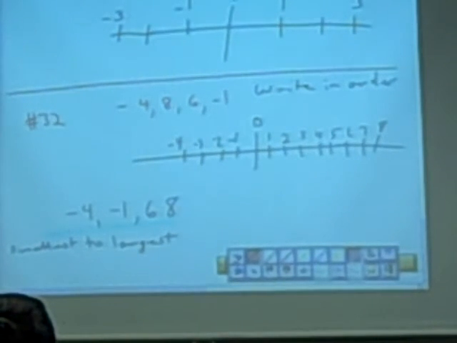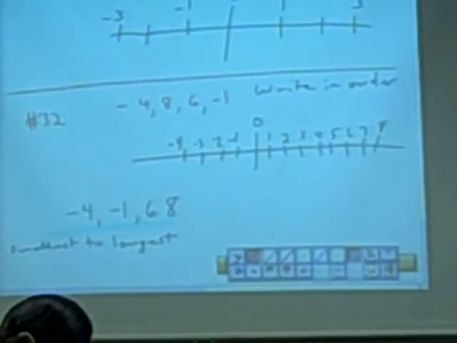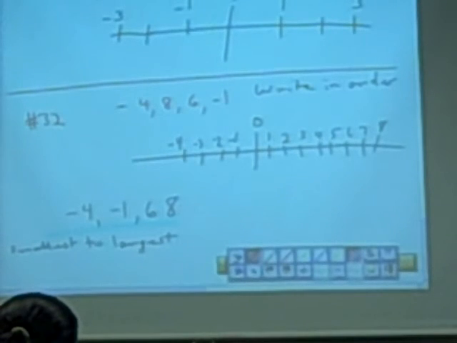Alright, any questions with that? So the more negative your number is, is that number smaller or larger? The more negative, the smaller, right. Okay? Alright, any questions with that?